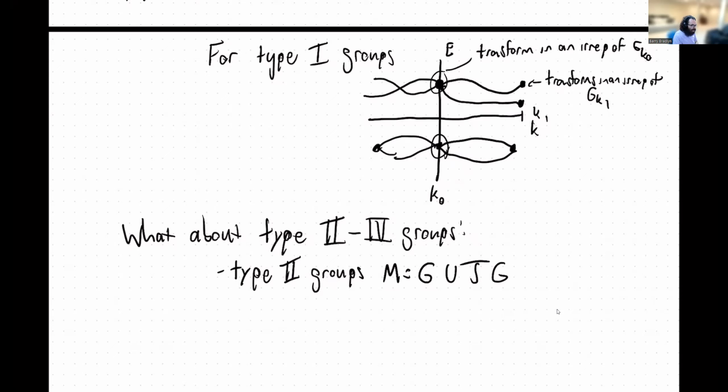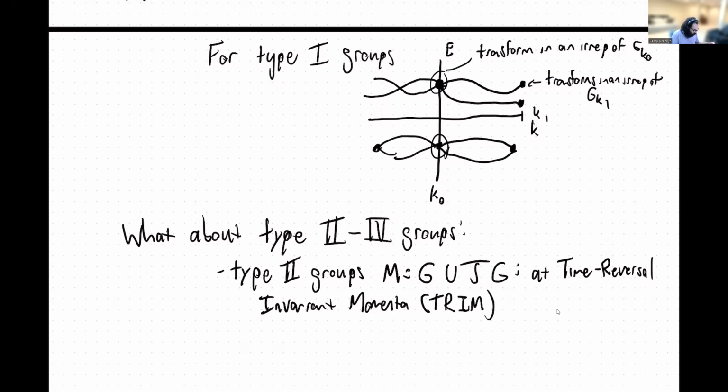Either we're at a K point that's equivalent to minus itself. So K is equivalent to minus K. These are called time reversal invariant momenta, which in the literature are often abbreviated trim points. We have that K is equivalent to minus K, mod a reciprocal lattice vector.